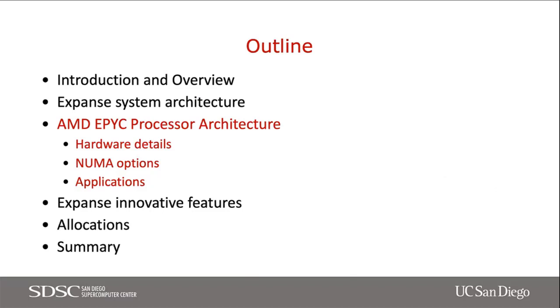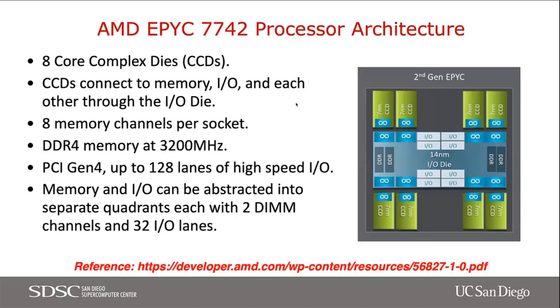So next, let's look at the AMD EPYC processor architecture. So it has 8 core complex dies. If you look at the picture on the right, each of these CCDs has 8 cores essentially. And there is an IO die in the center, which is at 14 nanometers, and the CCDs were at 7 nanometers.